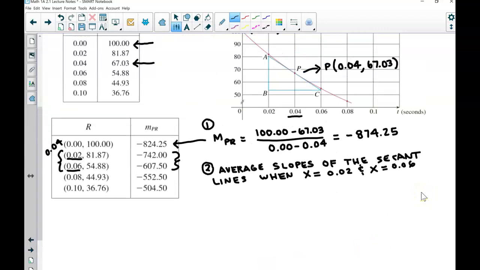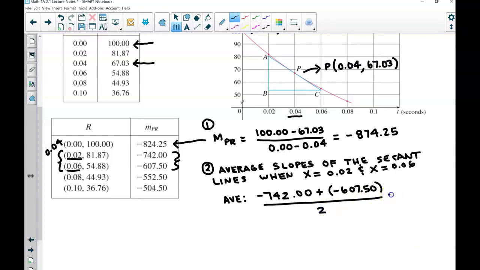So if we need to take the average, the average is basically saying, well, we're going to take the slope, negative 742, and then we're going to add the slope at 0.06, which was negative 607.50, and then we're going to divide that by 2, or we can take half of that.